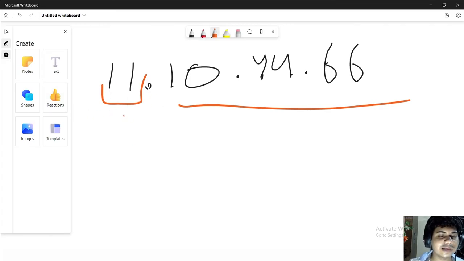So it has 8 bits. I have already told you that the network ID is always represented by 1 and host ID is always represented by 0. So now you will make all the octets have 8 bits.